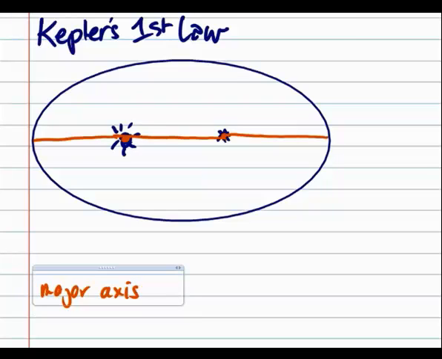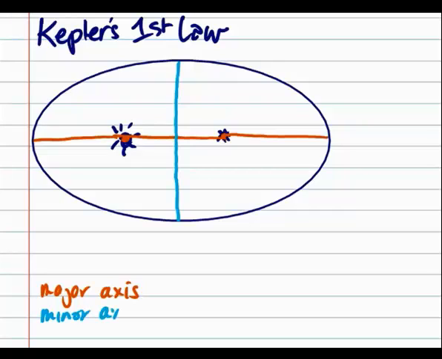And then if we go, say, along this light blue here, from the shortest end to the shortest end, we have what's called the minor axis.